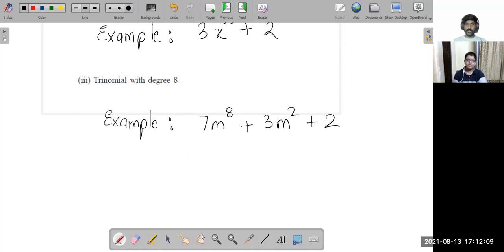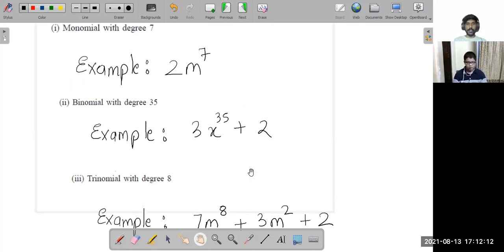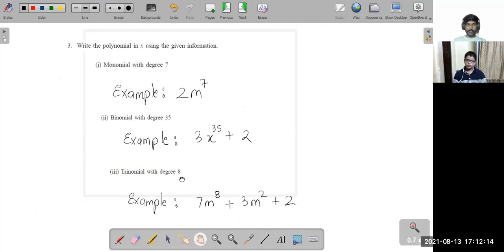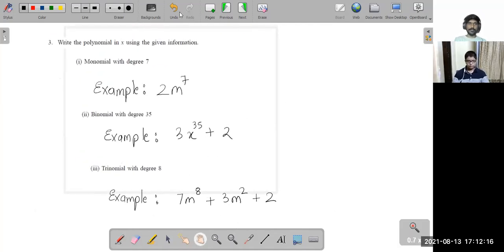Correct. This is also a very good example for a trinomial. Now I want you to write it down.